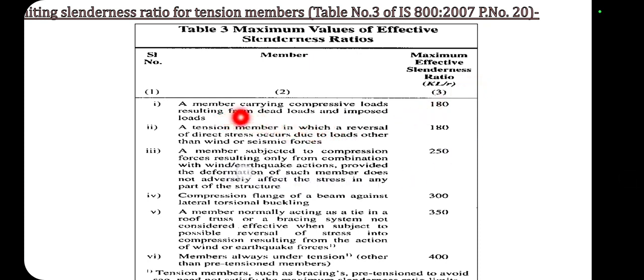A member carrying compressive load from dead load and imposed load, that is live load, is taken as 180. Hence the compression member has a slenderness ratio of 180. Then for a tension member in which reversal of direct stress occurs due to load other than wind or seismic load, the maximum effective slenderness ratio is 180.